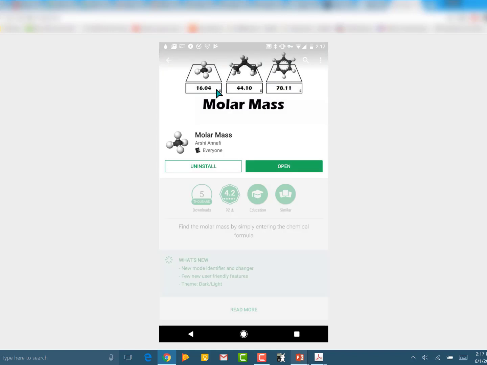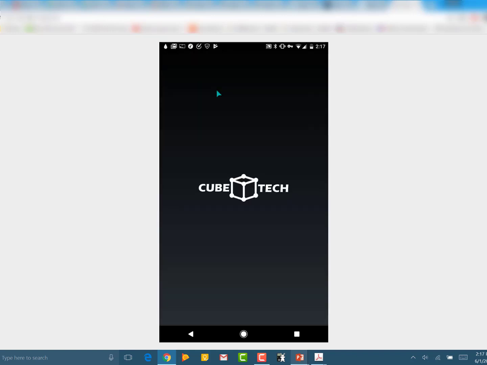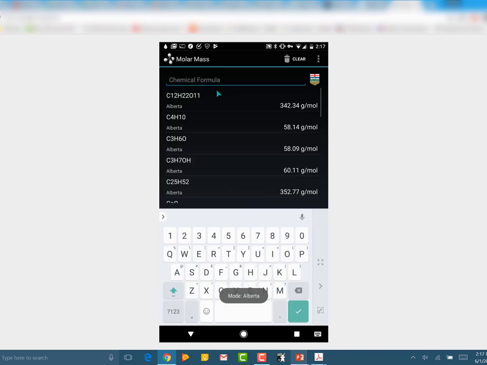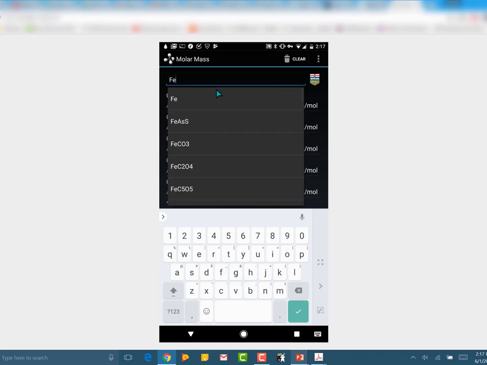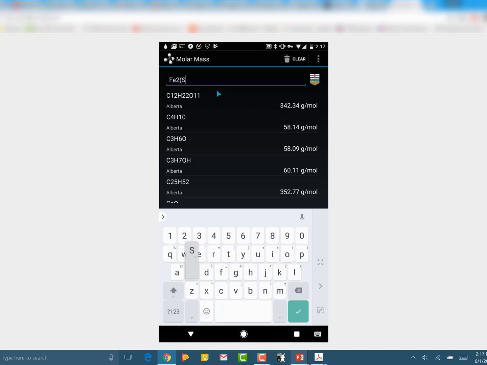This one I really like because when you start typing in the substance, first of all, it allows you to type in parentheses. So I'm going to go Fe and then 2. I'm going to add in my parentheses, SO4 and then 3.